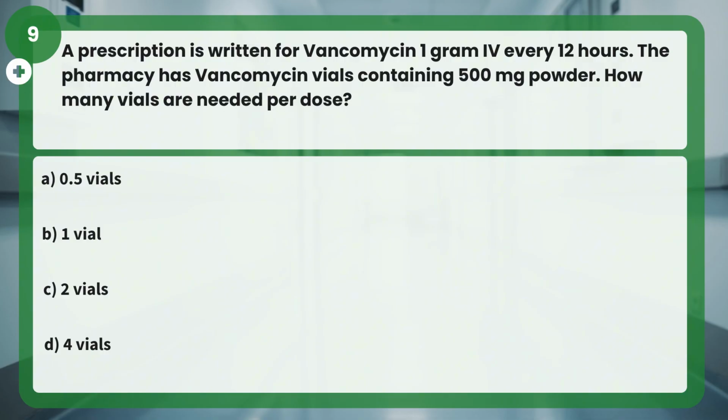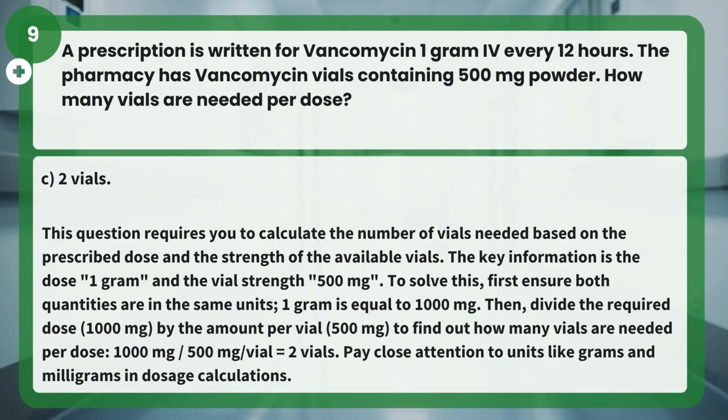Answer C. 2 vials. This question requires you to calculate the number of vials needed based on the prescribed dose and the strength of the available vials. The key information is the dose, 1 gram, and the vial strength, 500 milligrams. To solve this, first ensure both quantities are in the same units. 1 gram is equal to 1000 milligrams.